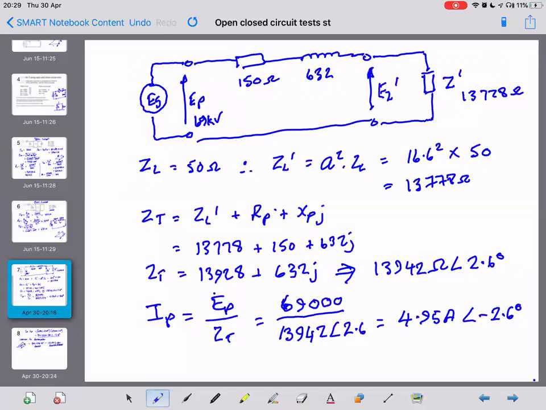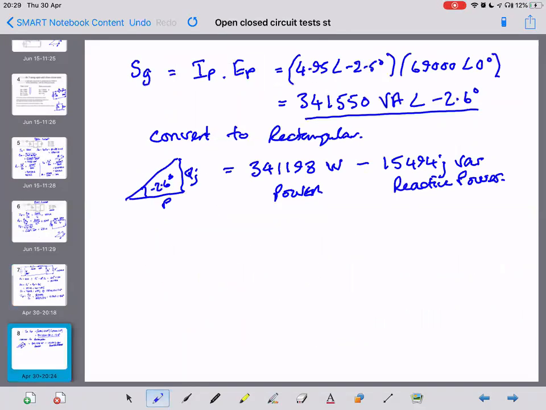So find the volt drop across the load, E2 dash, and convert it to the secondary side.